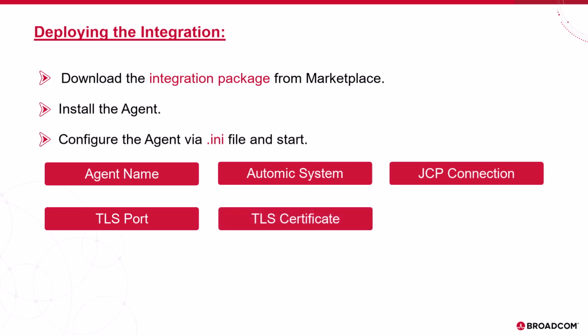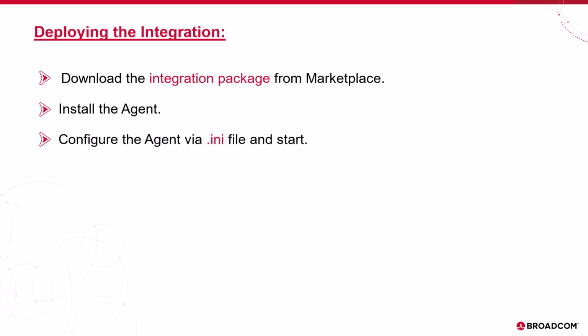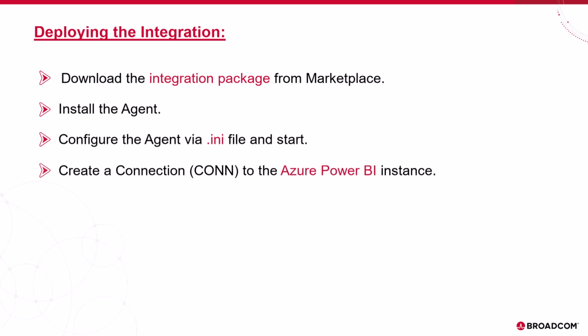When the agent is configured, we start it. New object templates are deployed. We create a connection to every Azure Power BI instance we need to support. For this, we use the template con object, which we duplicate as many times as we need. The con object references the Azure Power BI endpoint.